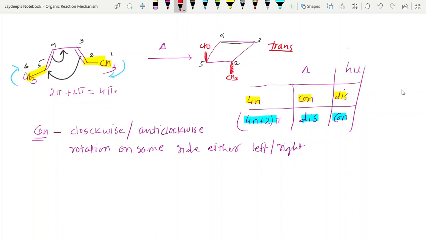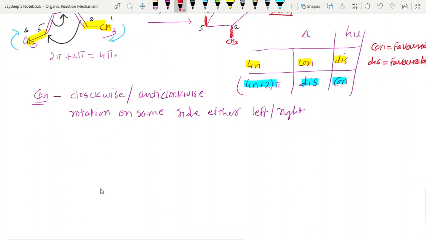Again, whenever conrotatory is there, the reaction is favorable, and when the other is there, the reaction is not favorable. So this is related with conrotatory.